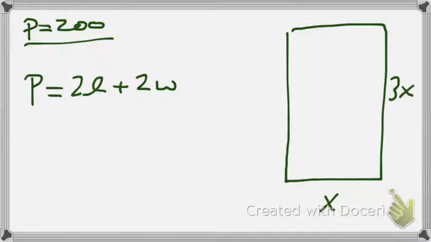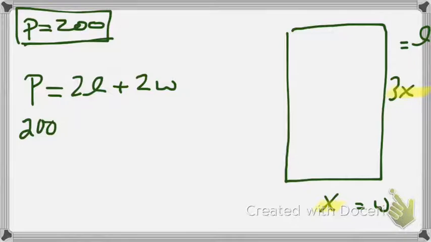So here, we're going to let x equal the width, and let's let 3x equal the length. And let's plug in. So perimeter, and we know that it's 200, right?